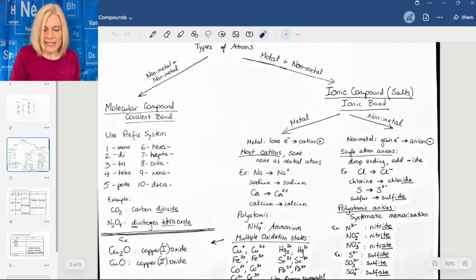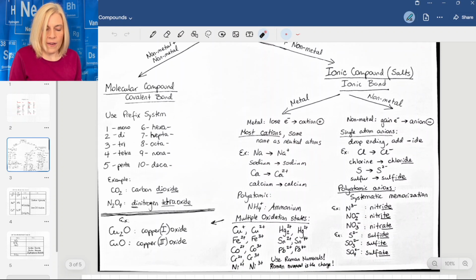So here is an example. When we have CO2, we call it carbon dioxide. We drop the ending and add "ide" and we put the prefix. There are 2 oxygens, so we call it dioxide. Notice the first element, even though it's 1 carbon, if it starts with 1, we do not say monocarbon dioxide.